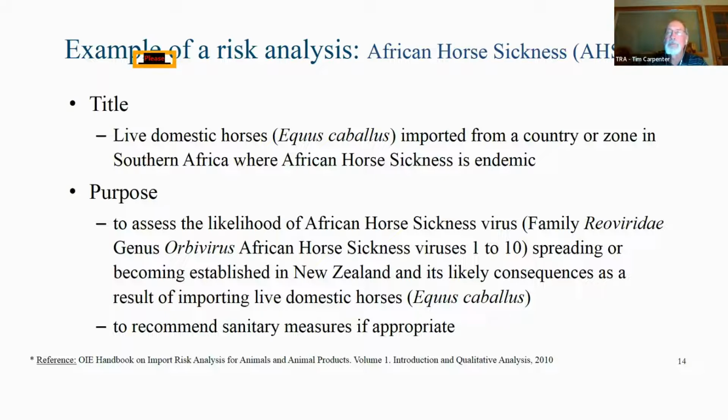I've done an import risk analysis for the state of California for infectious equine anemia, where we had animals coming in for racing, and some were shipped via the air and others were shipped via cargo containers or ships. And the importance there is the duration of time it takes to ship the animal.